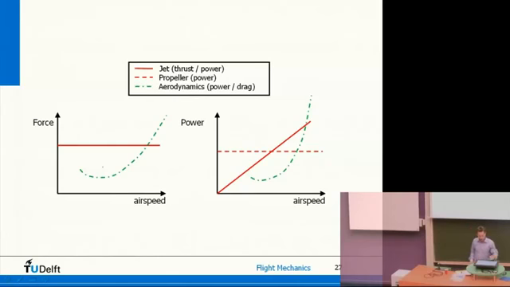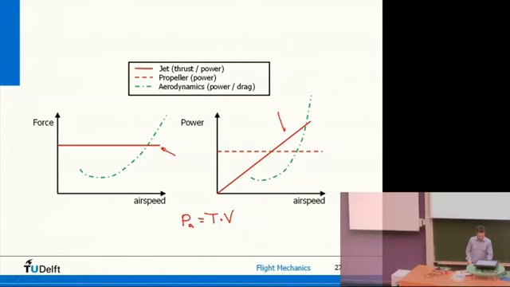And just to show you, if thrust of a jet is constant, then if you say power available is thrust multiplied with velocity, then the power curve of a jet looks like a straight line from the origin in a power diagram.